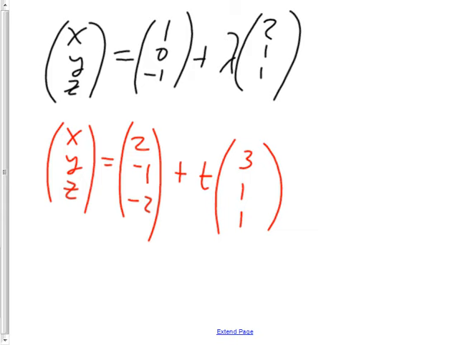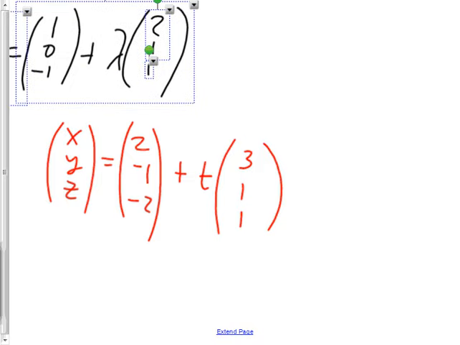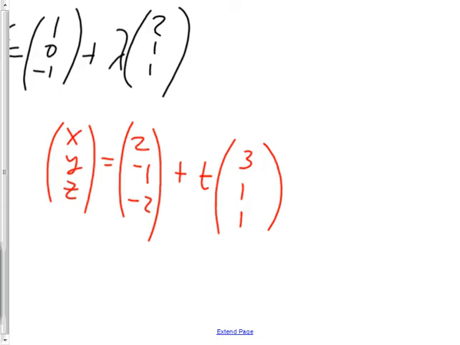I'll pause while we work on that for a bit. Okay, I notice there's a few people that are not sure where to start. I'm going to help you out. I'm going to start by moving this stuff over just to free up some room on the board here. And I'm going to say 1 plus 2 lambda, 0 plus lambda, and negative 1 plus lambda.